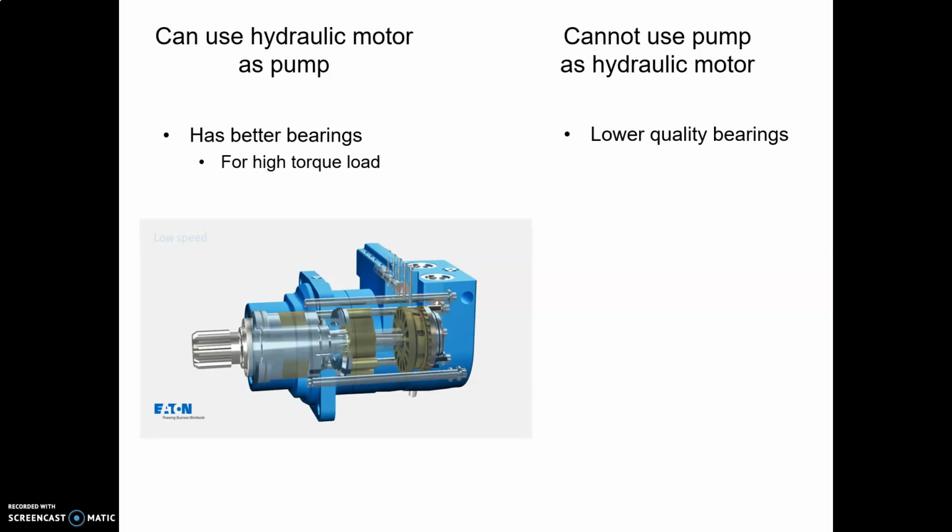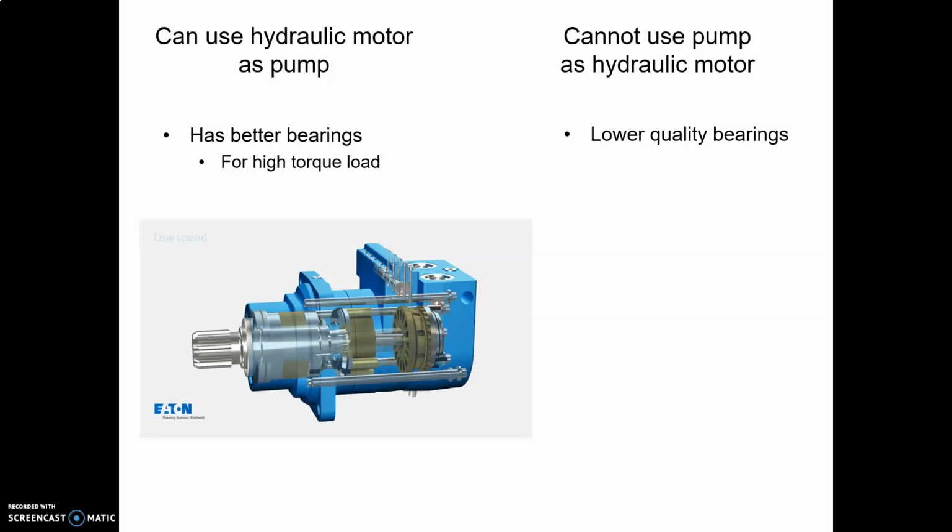And this is kind of parallel to what we run into with electric systems, especially in direct current, DC. You could wire a DC generator in one direction and it generates. You could wire it in the other direction and use it as a motor.